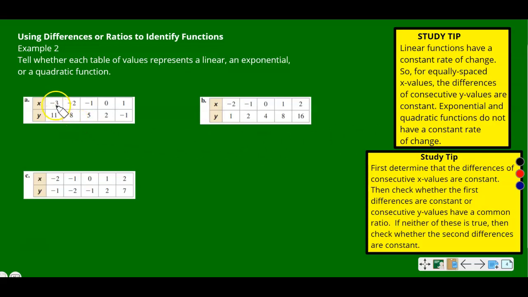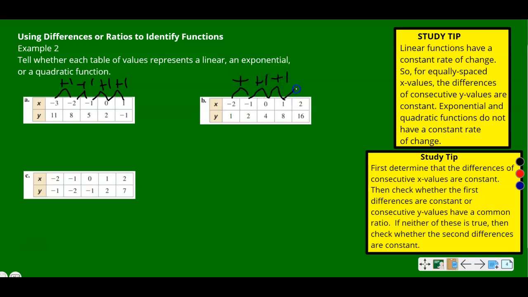All right, so if you look at A part, you can see that your x values increase by 1. So I can say there is a constant rate of change between my x values here. And here I have constant rate of change as well.